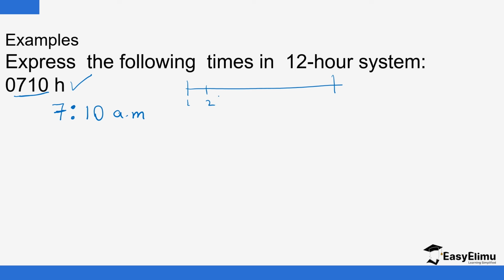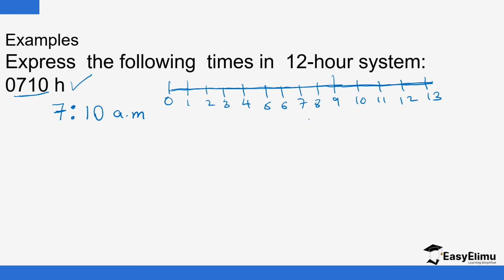1, 2, 3, 4, 5, 6, 7, 8, 9, 10, 11, 12, 13. So the first half of the day has 12 hours.